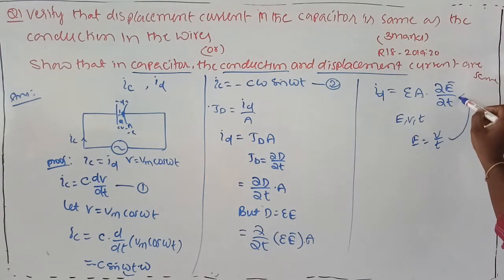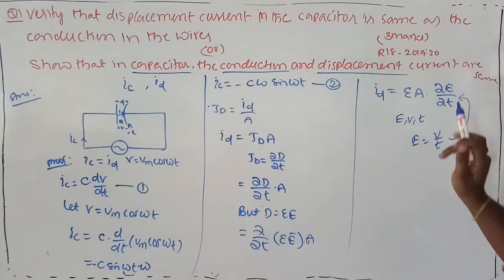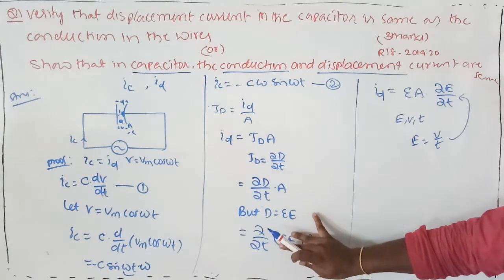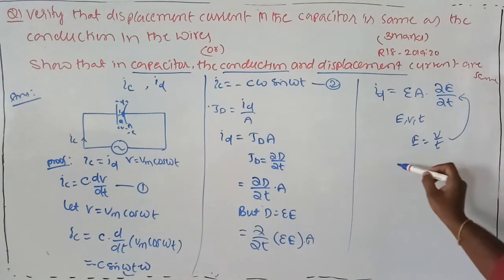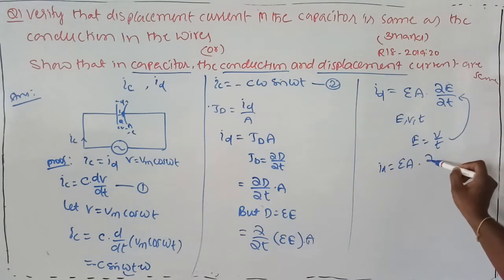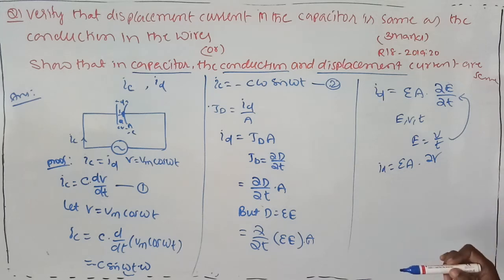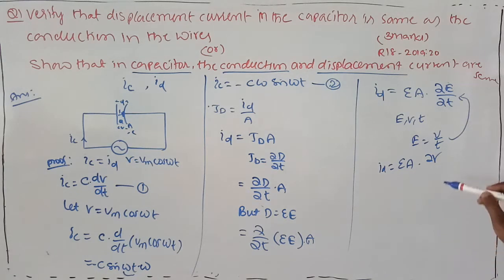Just substitute the E value here, writing the magnitudes only. So when you substitute it here, it will become ID is equal to epsilon A dou V by dou t, with E equal to V by d.